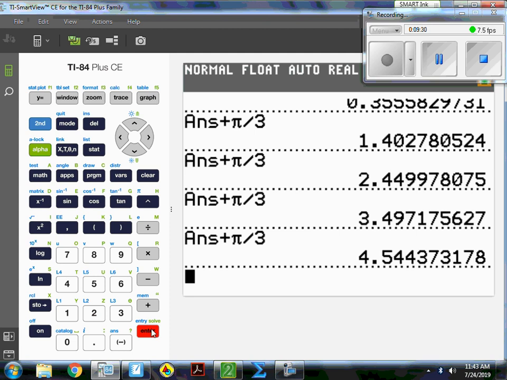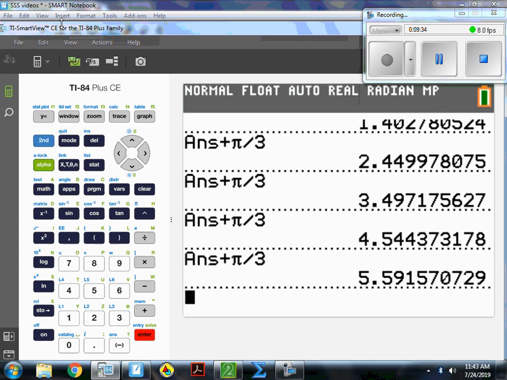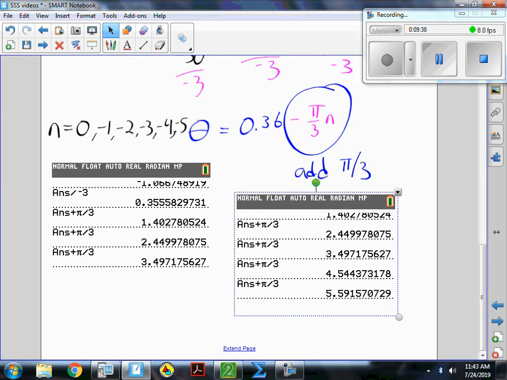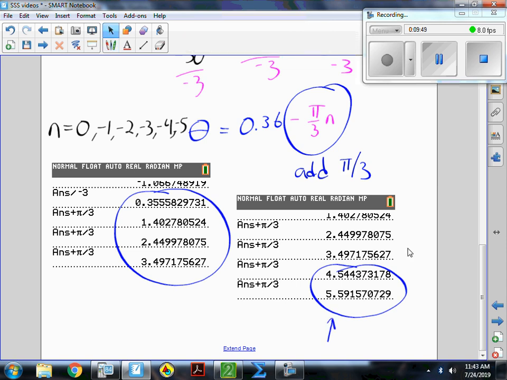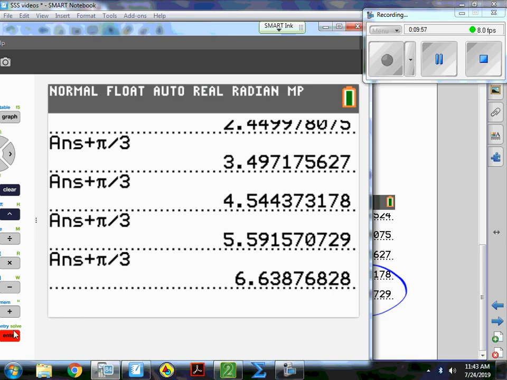Enter 2 more times. 5 answers and 6 answers. Okay, so we have those 4 and these last 2. And notice my last one stops before 6.28 or 2 pi. If I would have hit enter one more time, I get 6.6. It's outside of that domain of 0 to 2 pi.